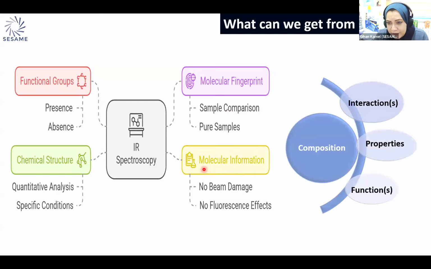With this technique, we can get information basically on the composition of materials. We can get information about the interaction, properties, functions, and also the performance, similar to a very famous example that's becoming a trend now when we check the performance of batteries.